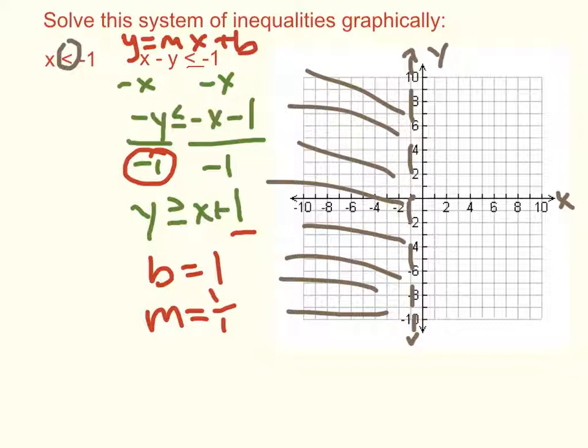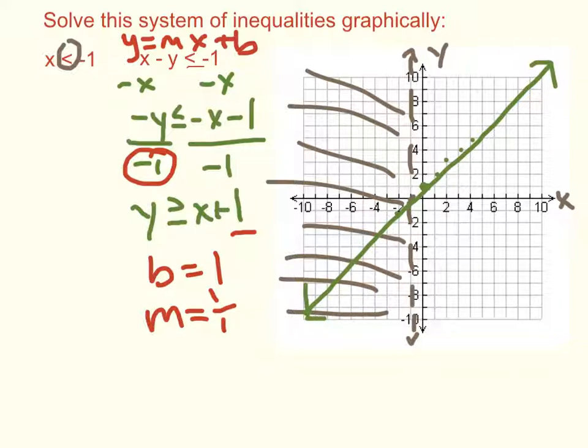So I will come over and I'll put a dot where my y-intercept is, which is right here at 1, and I'm just going up 1 over 1, up 1 over 1, up 1 over 1, and again yours should be more accurate than mine because you're using a straight edge. And now I'm going to draw my line all the way through.